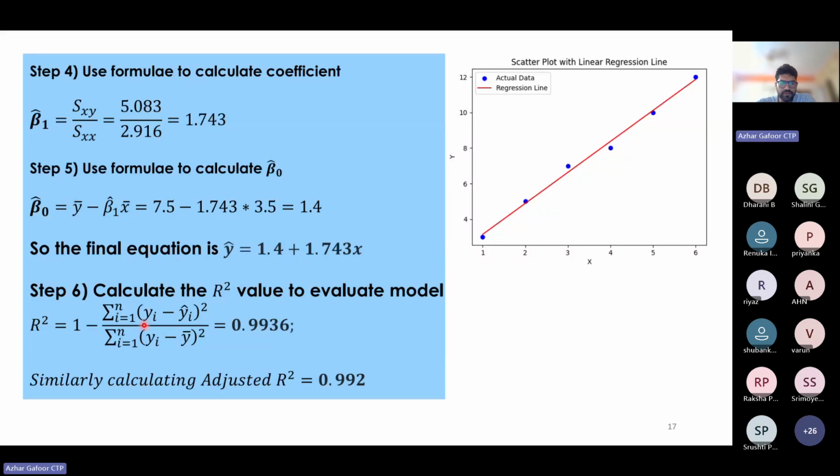If you look at the final R square value, we get a very good fit, that is 0.9936. Even if we calculate the adjusted R square value, we will get a good number. That shows that the line is giving a proper fit to the data.